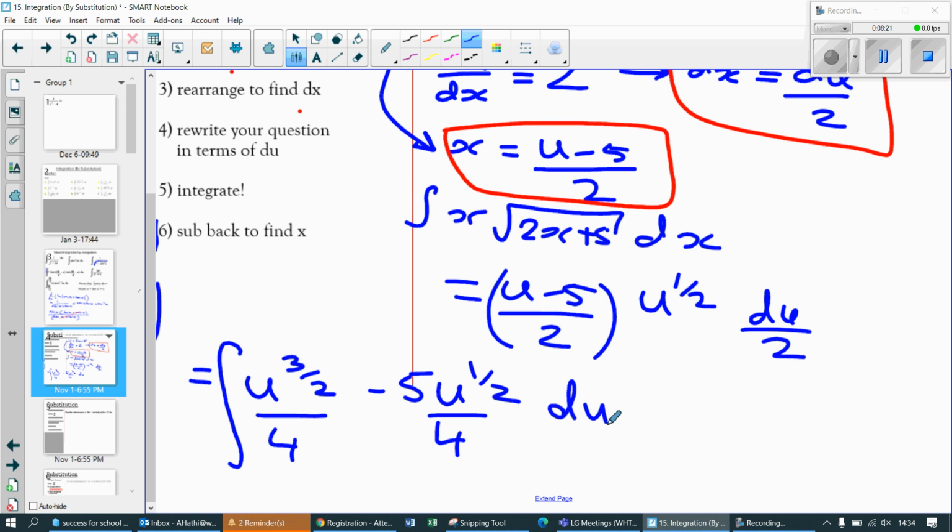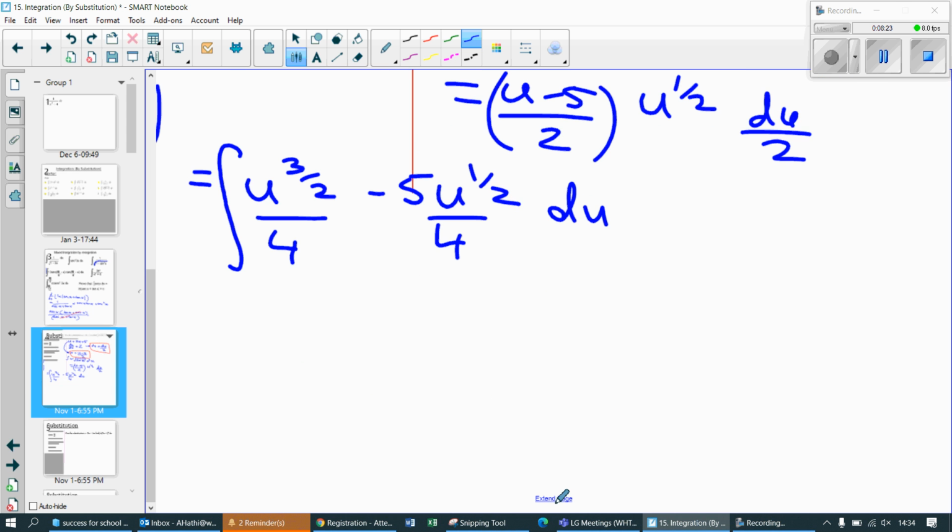Okay, let's do it. So add 1 to the power, divide by the new power. So this is u to the power of 5 over 2 divided by, now you're going to divide by 5 over 2. So that 5 over 2 is going to come underneath the 4. Is everyone happy that that would essentially become 1 over 10?